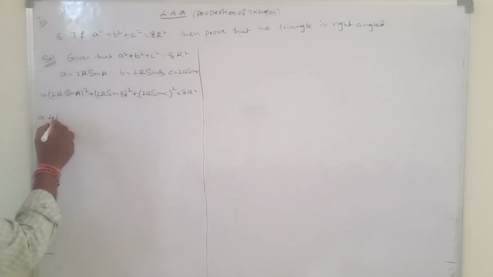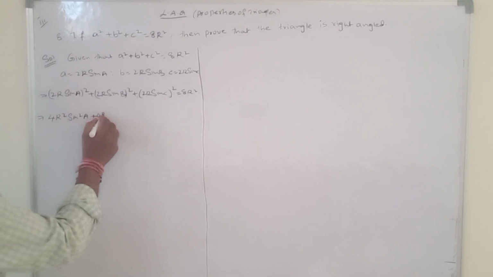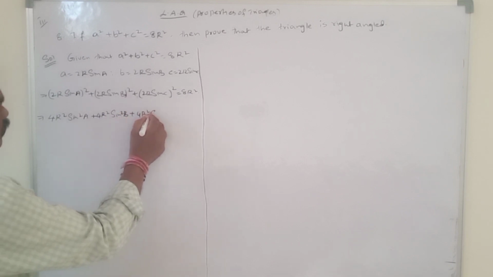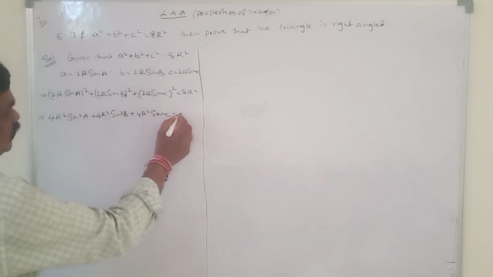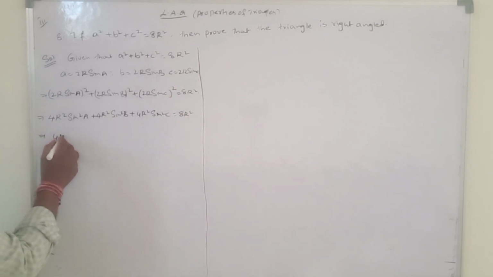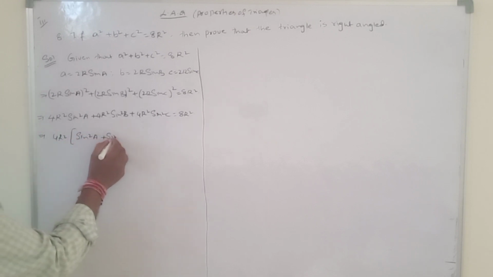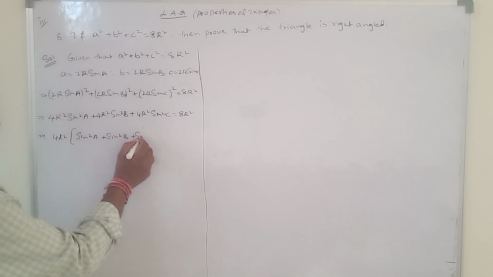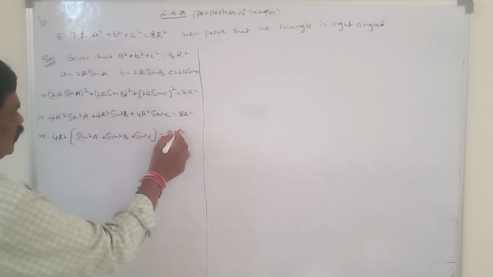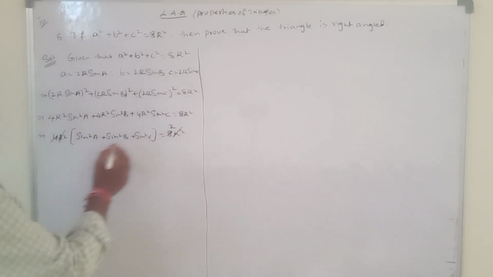This is 4r square sine square A plus 4r square sine square B plus 4r square sine square C is equal to 8r square. Then 4r square of (sine square A plus sine square B plus sine square C) is equal to 8r square. Here r square cancels, 4 into 2.